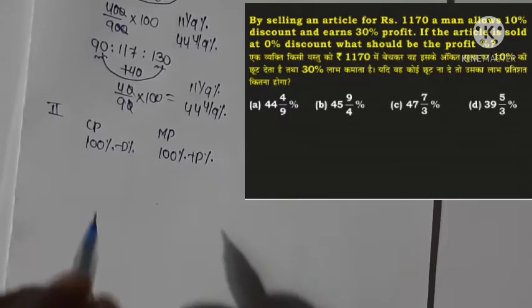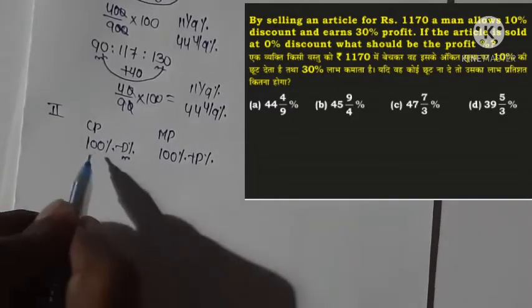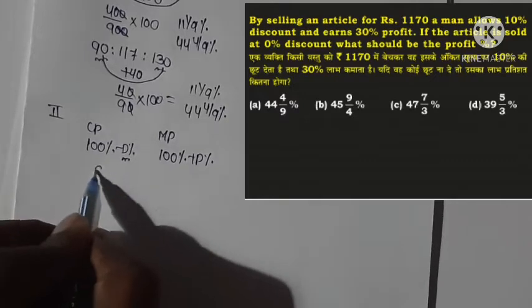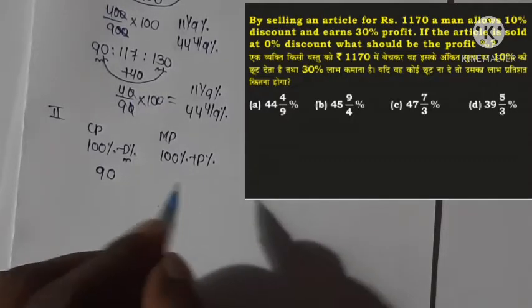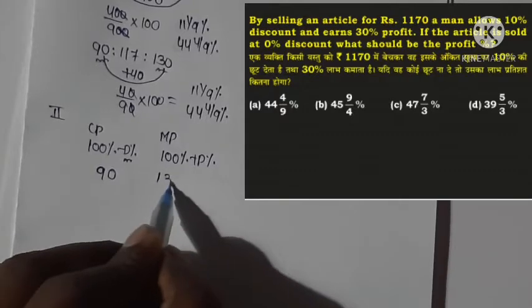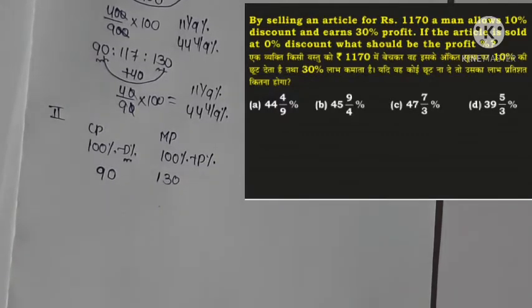So the discount is 10%. So 100% minus 10%, the cost price is 90. And the market price is 100% plus the profit, which is 30%. The market price is 130. So there is no discount.